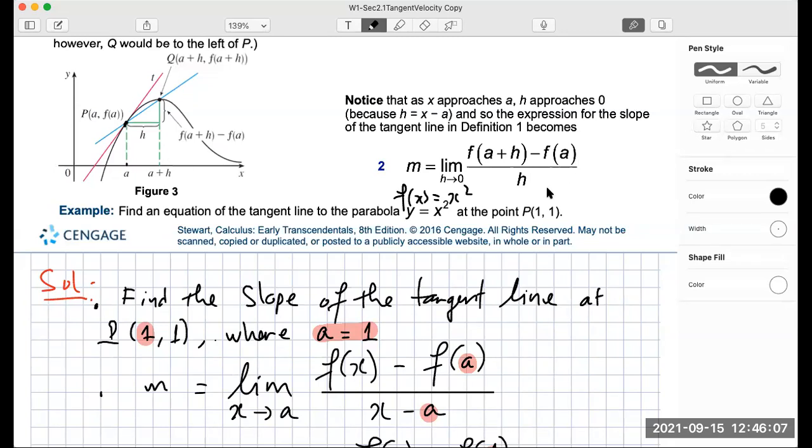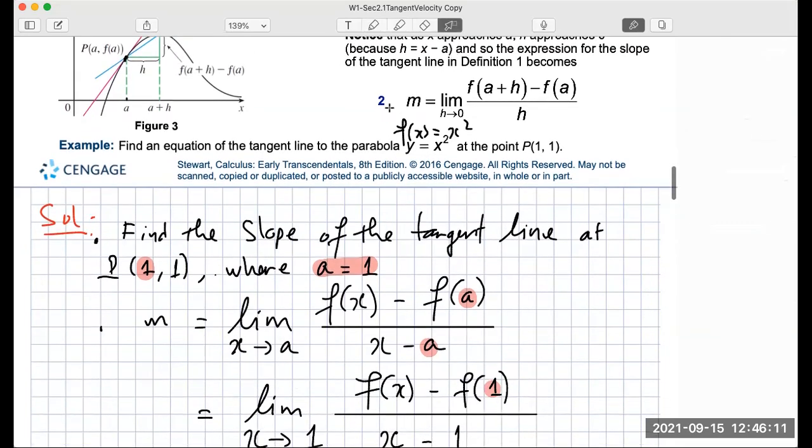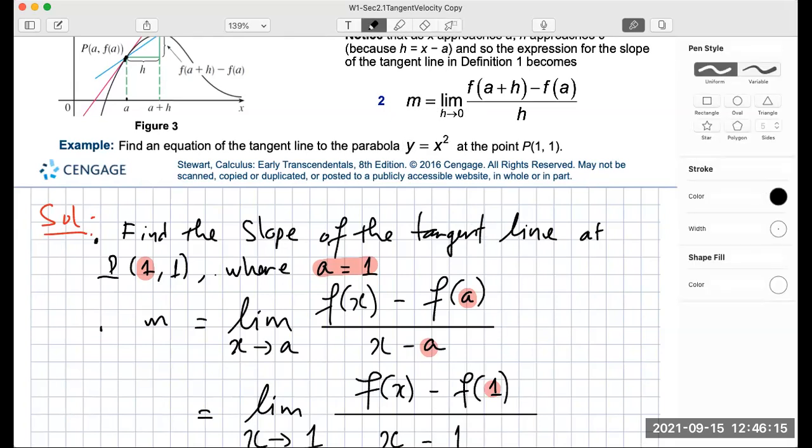Why is f of x squared? It is given here. y is equal to f of x, and it is given here. y is the curve of the function.